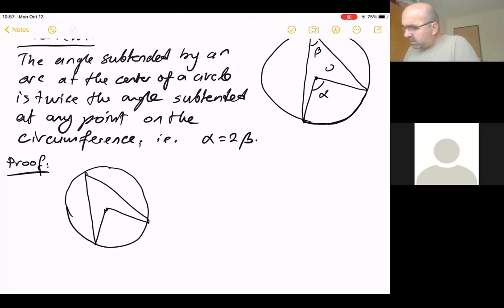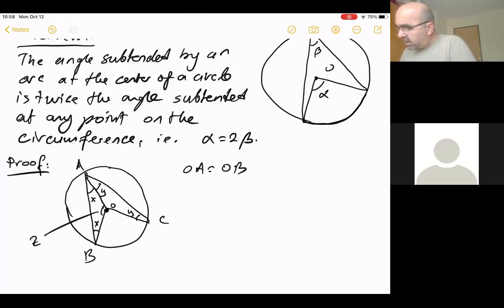And if you draw this arc, and say this angle is X, that angle is Y, and this is ABC, and O is the center. So this is an isosceles triangle, two sides are the same, OA is equal to OB, so the angle X is, and that angle is the same as X, and this angle is Y, and let's say this angle is Z, and the other angle is T.